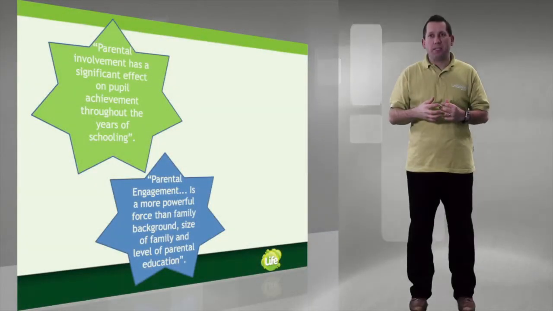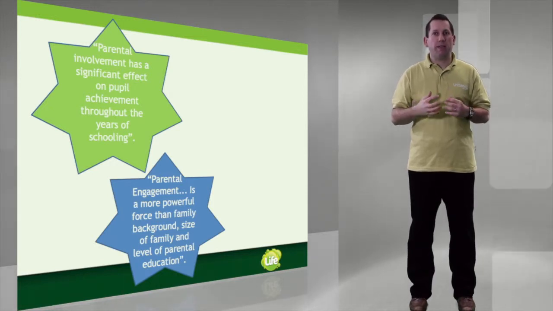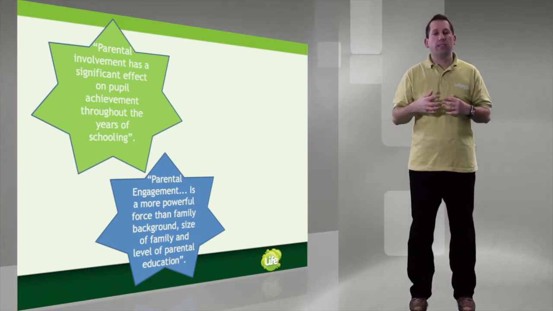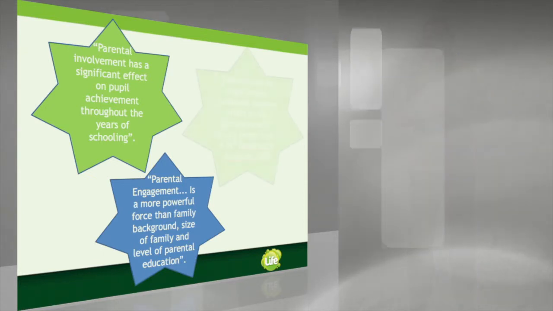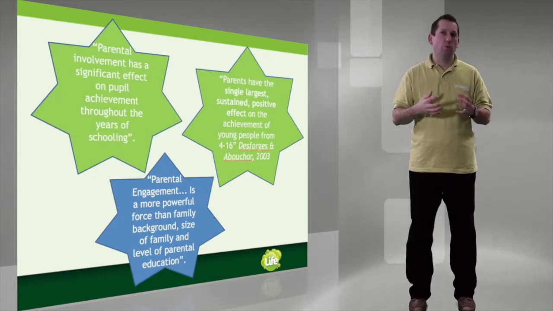Parental engagement is a more powerful force than family background, size of family, and level of parental education. Parents have the most powerful effect on achievement of young people from the ages 4 to 16.